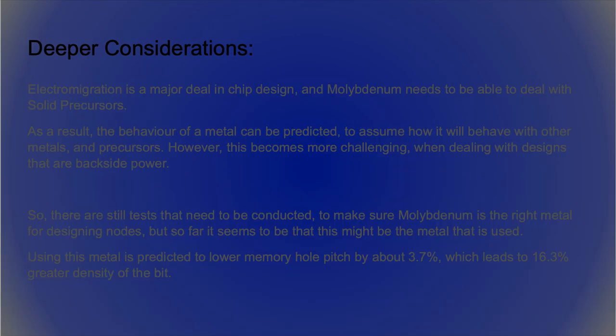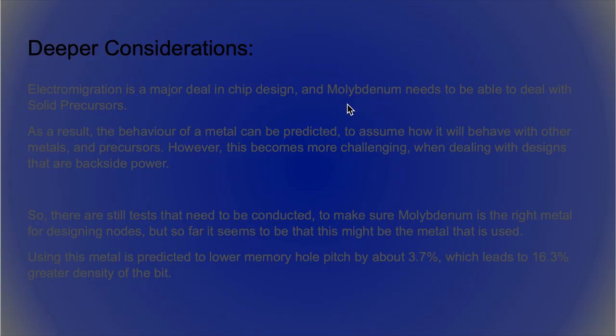So now I will discuss some deeper considerations and go a little bit more in depth. As discussed before, electromigration is a big deal. What this means is that molybdenum must be able to deal with solid precursors. There are different precursors: solid, gas, liquid, and the ones that are used in designing chips most often currently are the solid precursors.